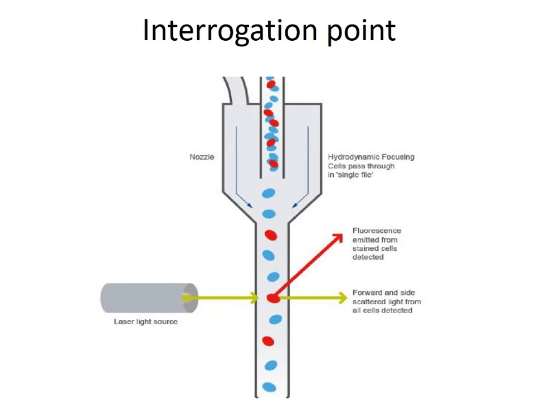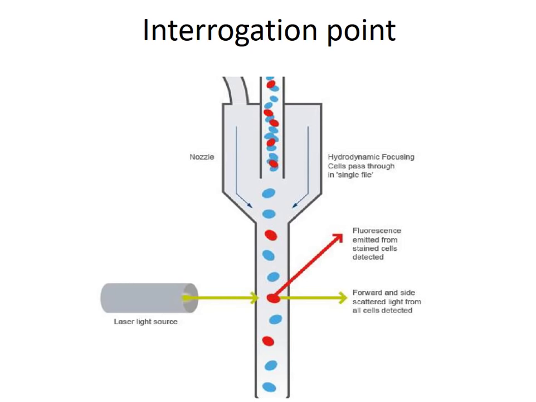So as it moves towards the laser, it reaches the laser, and the point at which it reaches the laser is called, again this is another buzzword you need to know, the interrogation point. Okay? So that point where the cell meets the laser is called the interrogation point. And at that point, the laser or light is directed against the cell.